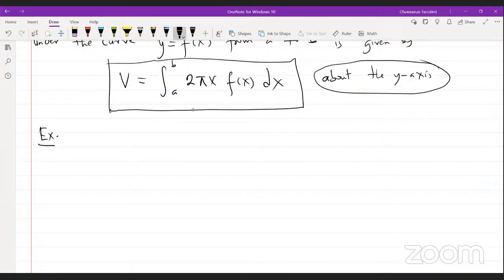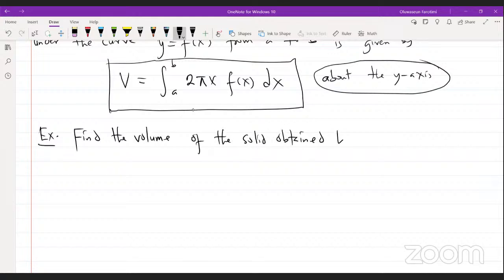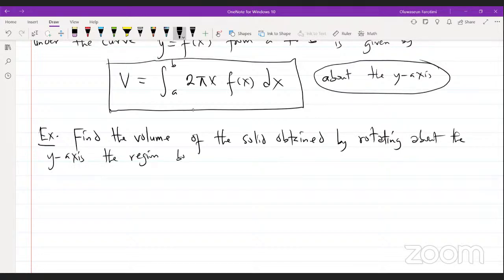So we want to find the volume of the solid obtained by rotating about the y-axis the region bounded by y equals 2x squared minus x cubed and y equals 0.